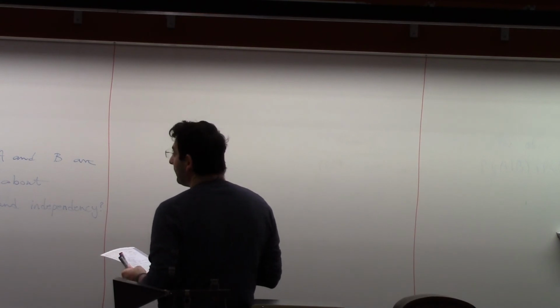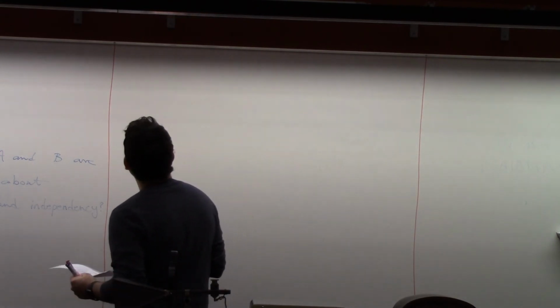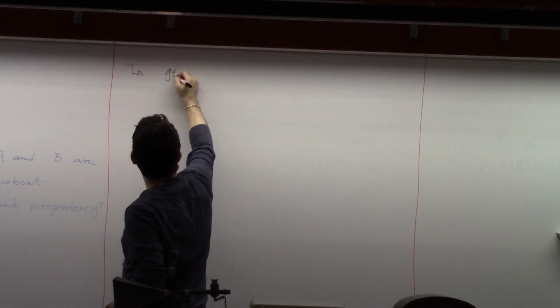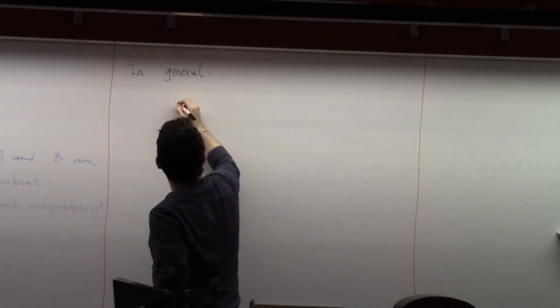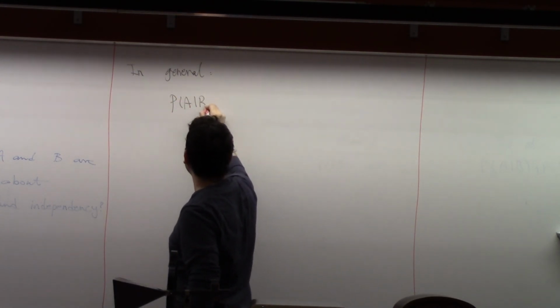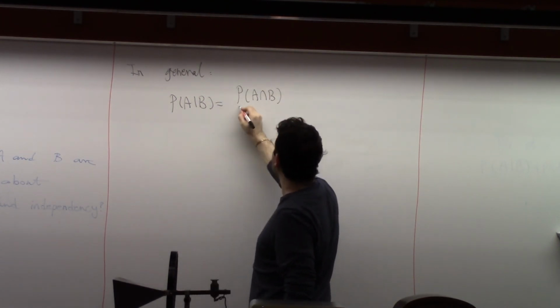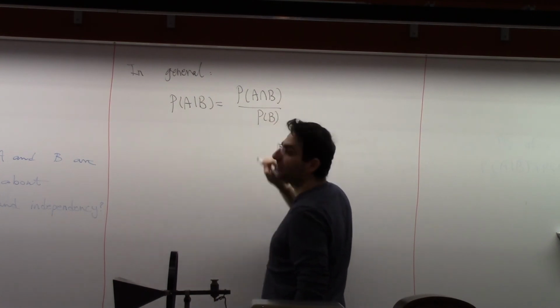So in general, we said that the probability of A given B is equal to the probability of A intersected with B divided by the probability of B, right?